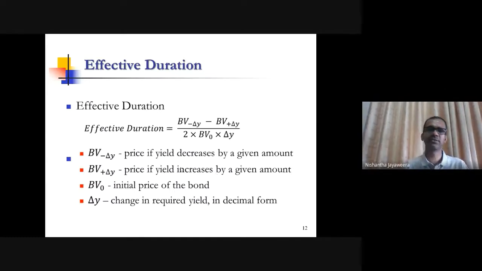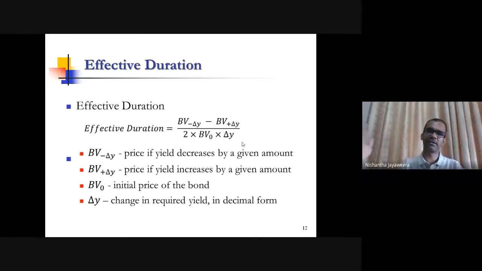There's another measure called effective duration. Generally, this is used to measure the interest rate sensitivity of a bond with options, like callable options or mortgage-backed securities, where there can be a chance of prepayment or early redemption.